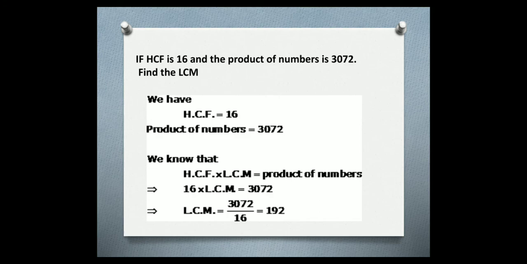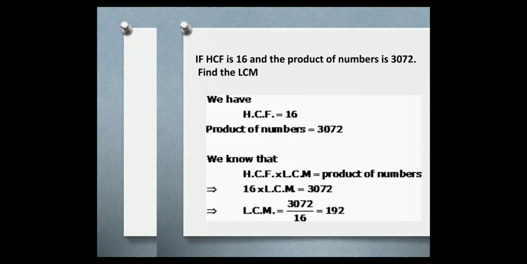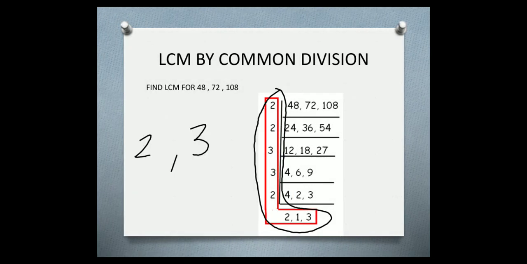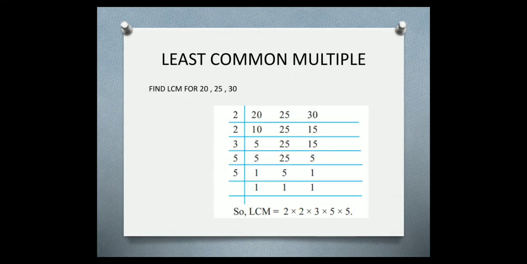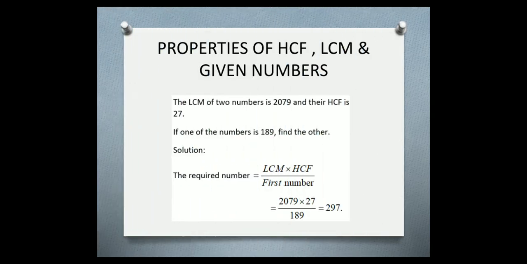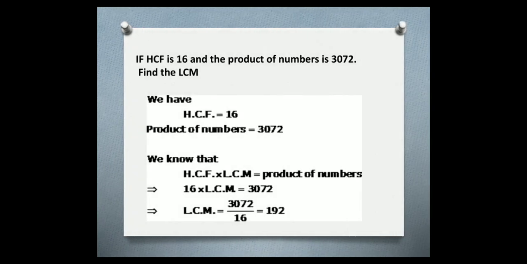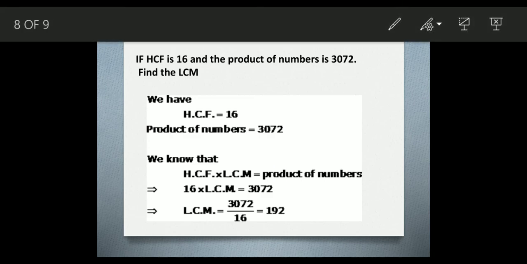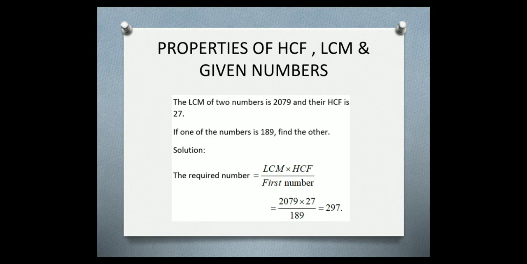Always remember this hint about your LCM answer: the LCM we get will always be greater than the numbers in the question. For example, take this question: LCM is 2079 and the HCF is 27.